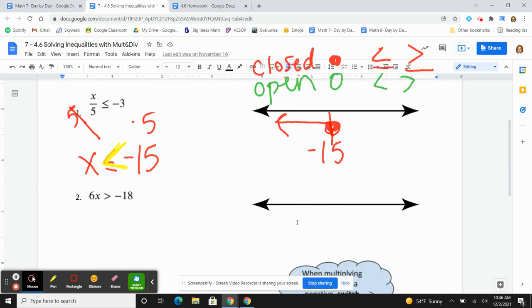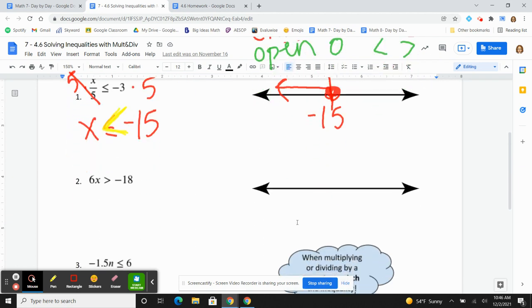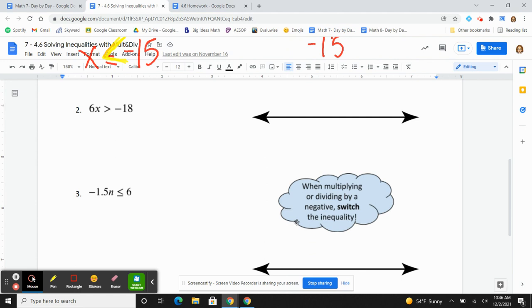How about number 2? 6x is greater than -18. How do we get that x by itself, Loney? Divide by 6. Good. X is greater than, what is -18 divided by 6?